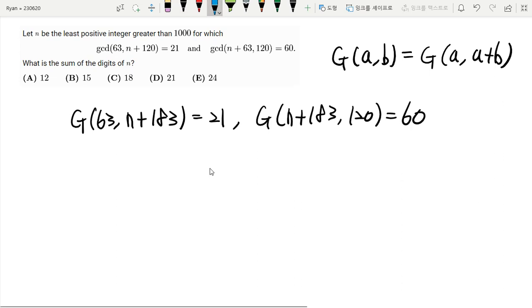So now we have the common number, n plus 183, and this number should be a common multiple of 21 and 60. Can you think of the least common multiple of 21 and 60?